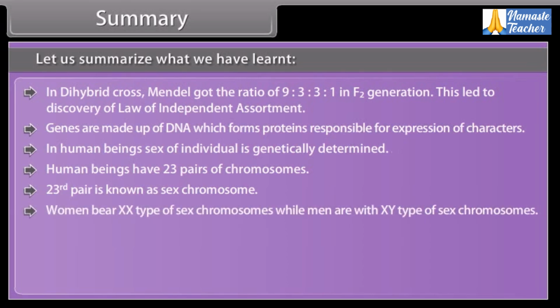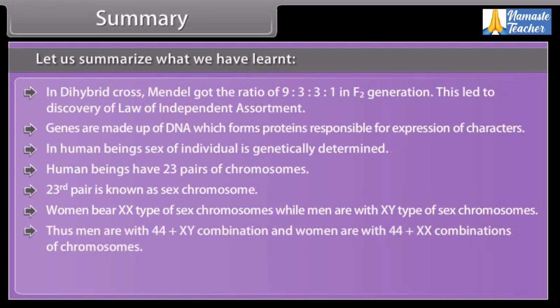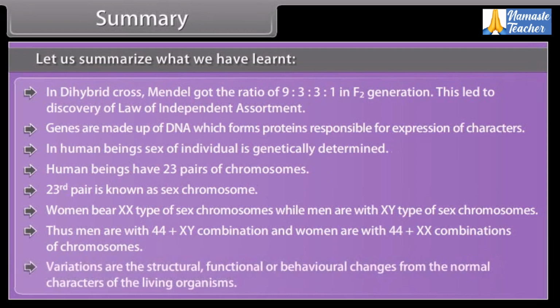Women bear XX type of sex chromosomes, while men are with XY type of sex chromosomes. Thus, men are with a 44 plus XY combination, and women are with a 44 plus XX combination of chromosomes. Variations are the structural, functional, or behavioral changes from the normal characters of living organisms.